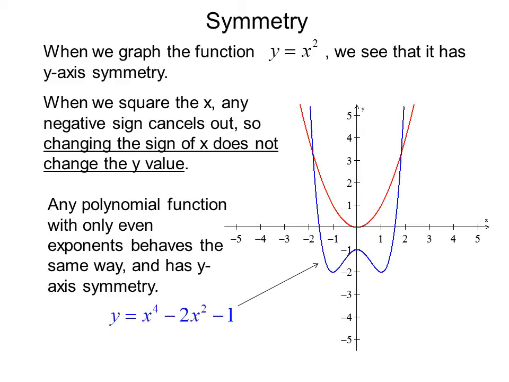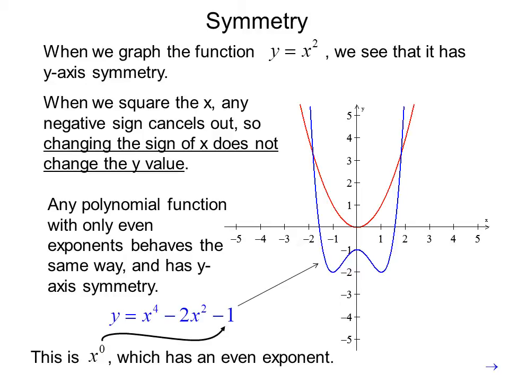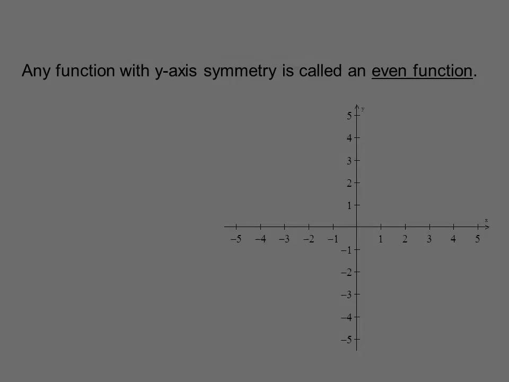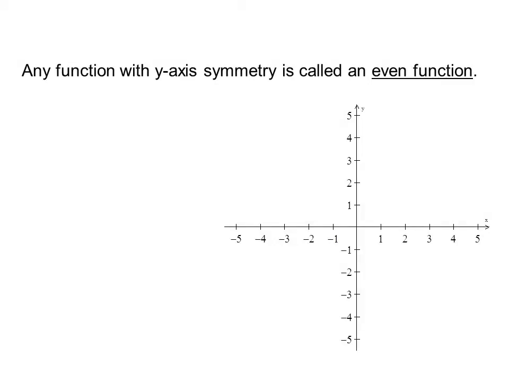In this example, y equals x to the fourth minus 2x squared minus 1. We have two even exponents here and here, but also 1 is x to the 0, which has an even exponent. Any function with y-axis symmetry is called an even function.